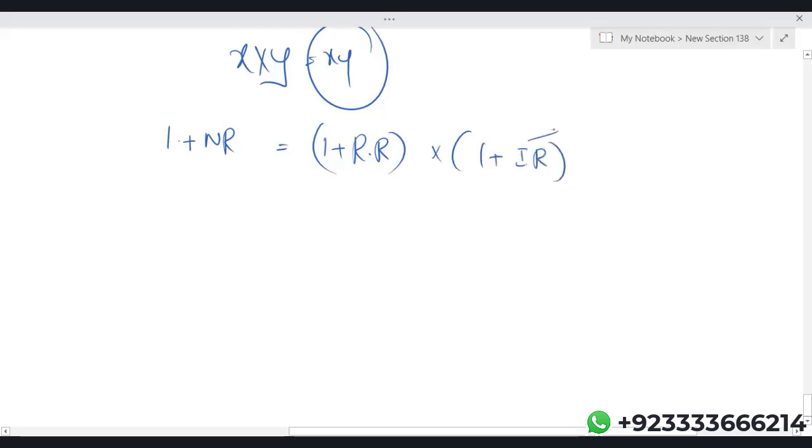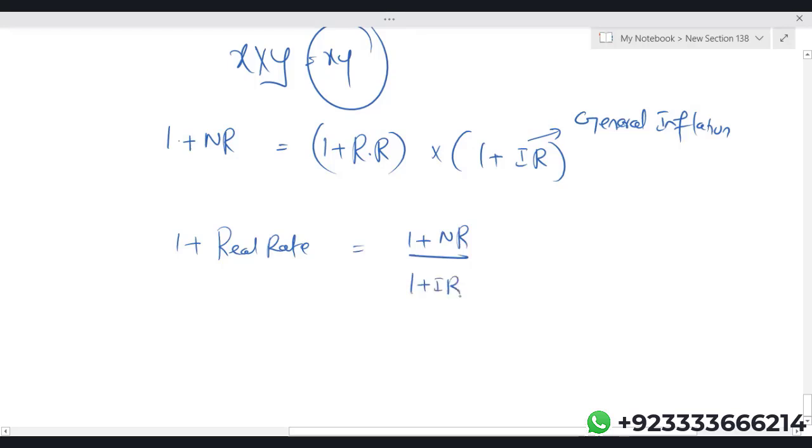And the inflation we use in the Fisher effect is general inflation. You can also write it like this: 1 plus real rate is equal to 1 plus nominal rate divided by 1 plus inflation rate.